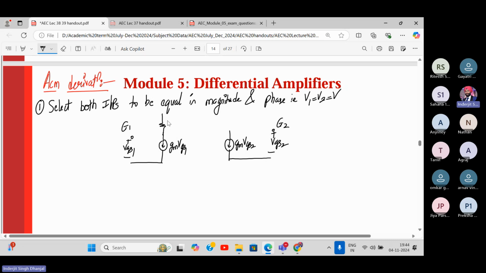Here there was a resistor RD going to the ground. Here there was a resistor RD. And output was taken across this VO1. And here it is VO2.